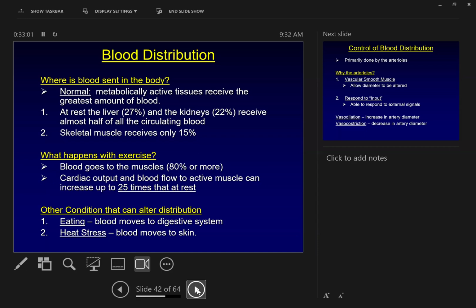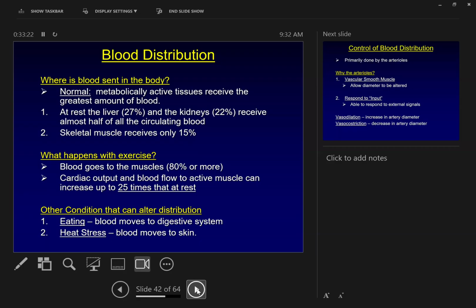So, I also want to illustrate one other thing. This is where it's fun. Katie, what happened to your heart rate while you were exercising? It went up. If your heart rate goes up, what happens to your cardiac output? It increases. Good. We haven't really talked about stroke volume, but stroke volume goes up too.